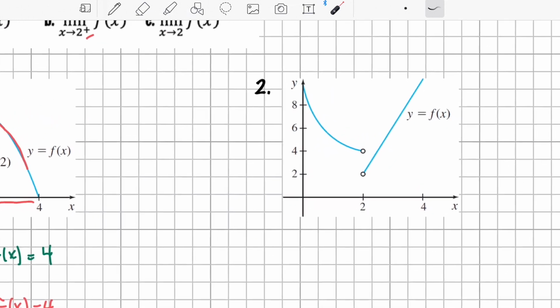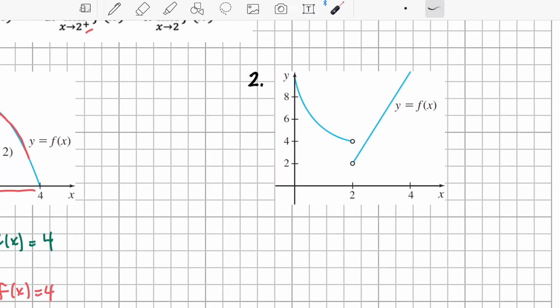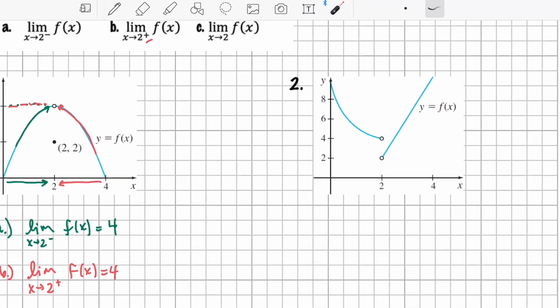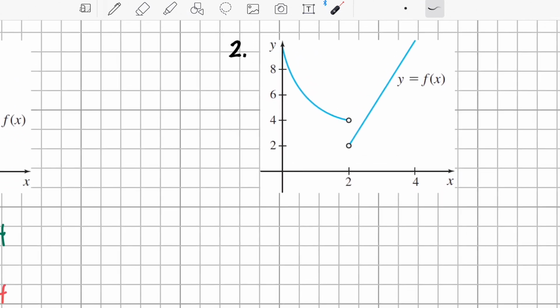Okay, let's go on to number 2. Same thing, we're going to be looking at x approaches 2 from both sides. Let's start with the left side. Now, let me use colors. So our point of interest here is 2. As we approach 2 from the left, let's follow our graph.